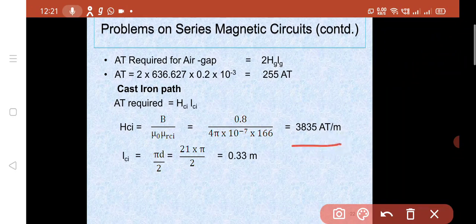So the total value is 3835 ampere turns per meter. LCI is equal to pi D by 2, where D is 21, so LCI value is 0.33 meters.